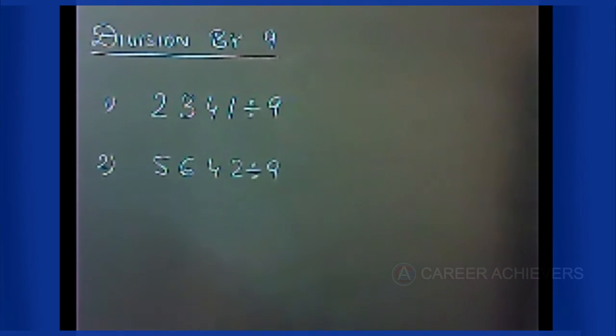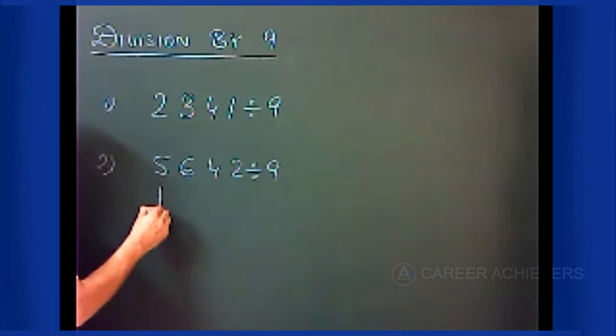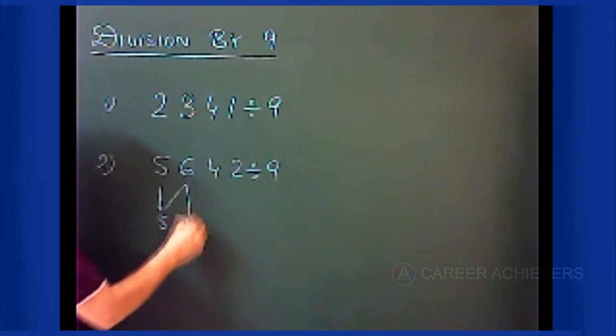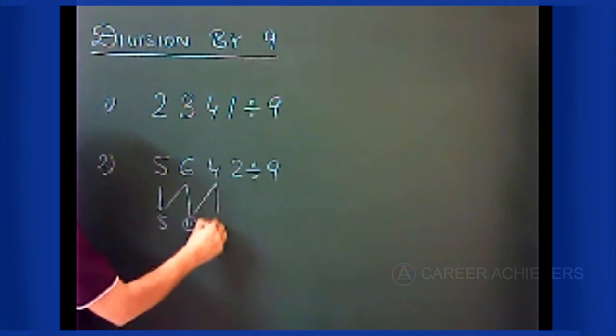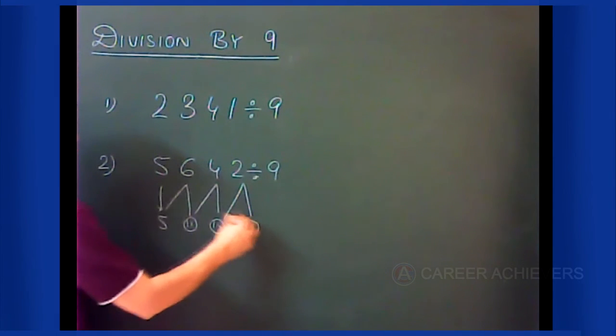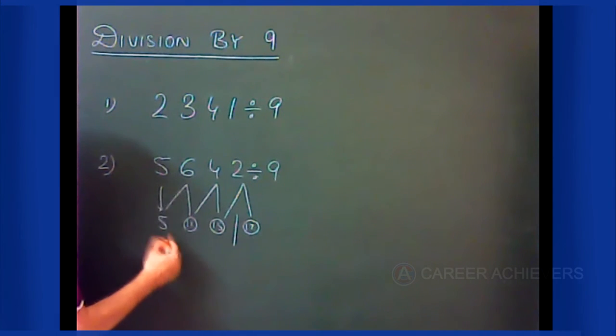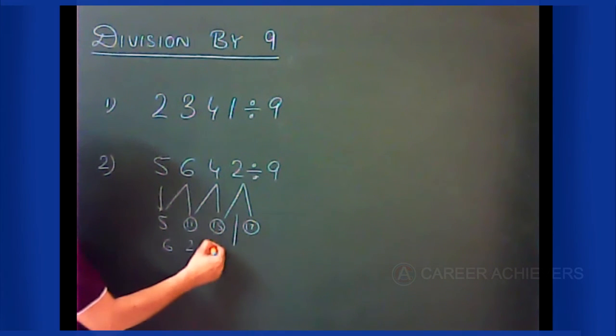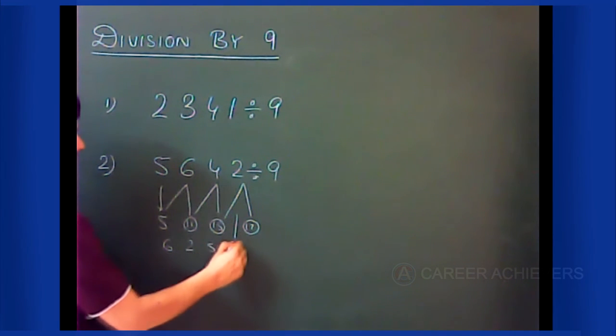Okay, let's see. This is 5. Then 5 plus 6 is 11. Then 11 plus 4 is 15. And then 15 plus 2 is 17. Okay, so 1 will come here, this becomes 6. This 1 will come here, this becomes 2, 5, and 17.